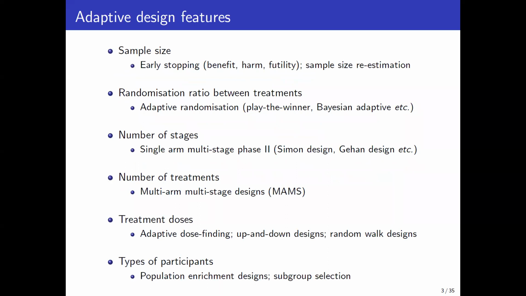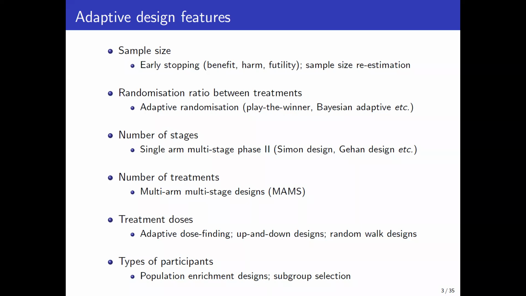What sort of features can adapt? I've listed a few here. You can probably think of a few others as well. Sample size is an obvious one, stopping early for benefit, harm, futility, or going a bit further subject to a sample size re-estimation. Randomization ratios, or adaptive randomization, is a common way in which clinical trials can be adaptive, and we have some common ways in which we do that, Bayesian adaptive randomization and others.